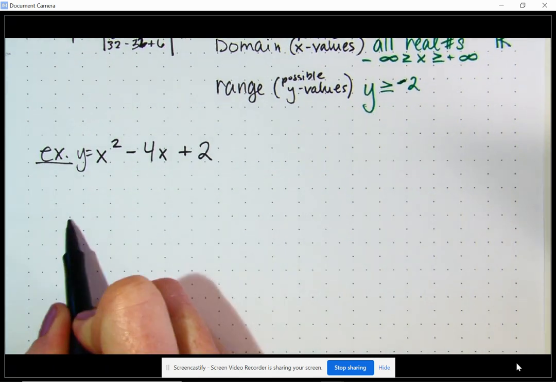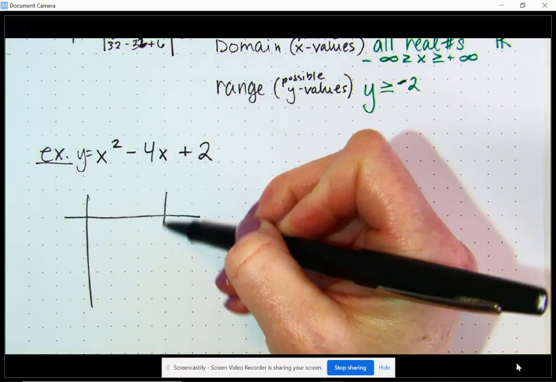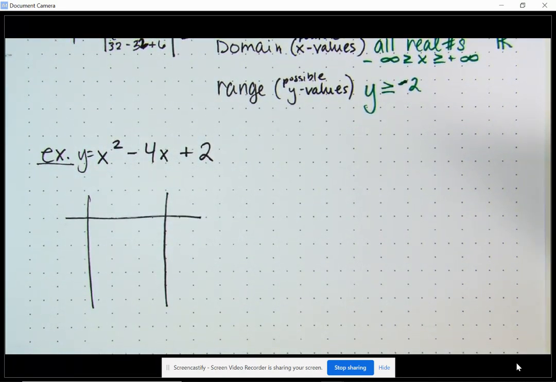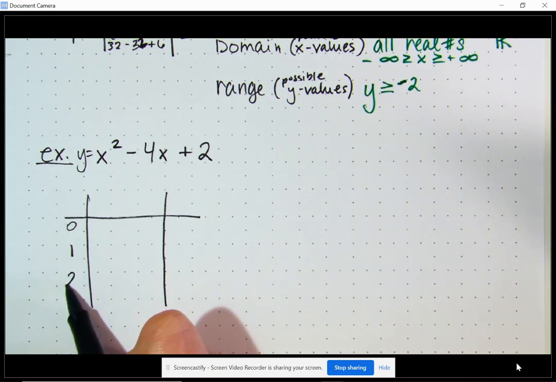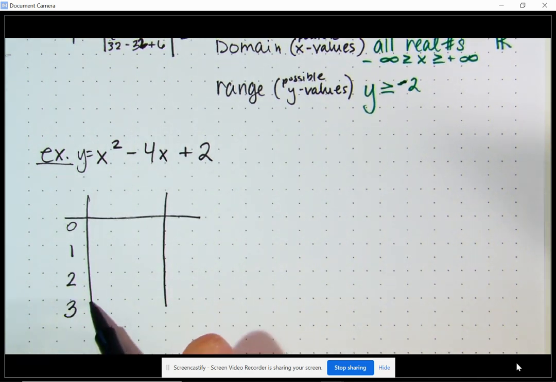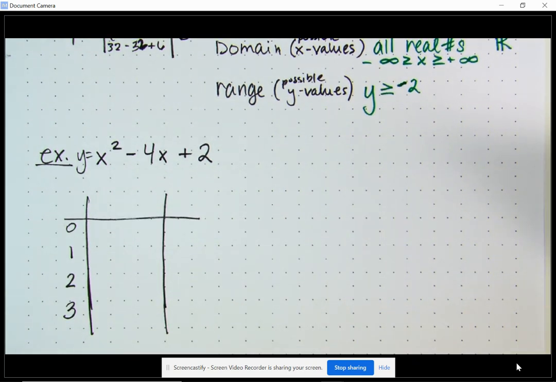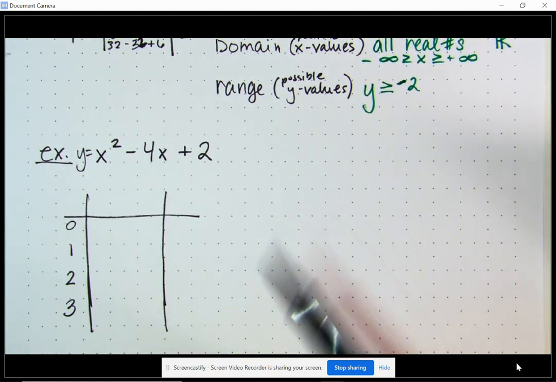Okay, so let's make our table. And let's start with the same numbers that we used on the last one and just see what happens. Just going to go 0, 1, 2, 3 just to see if I picked some right numbers. See if we can find where that vertex is.